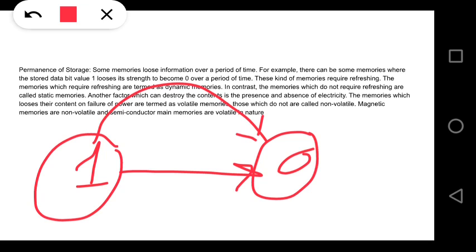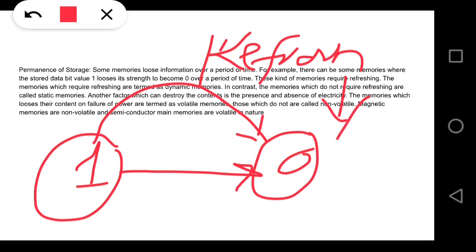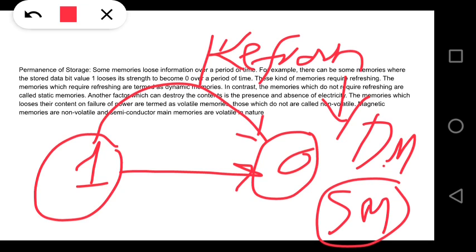The memories which require refreshing are termed dynamic memories. In contrast, memories which do not require refreshing are called static memories. Dynamic memory loses information over a period of time and requires a technique called refresh. Static memories don't require refreshing.